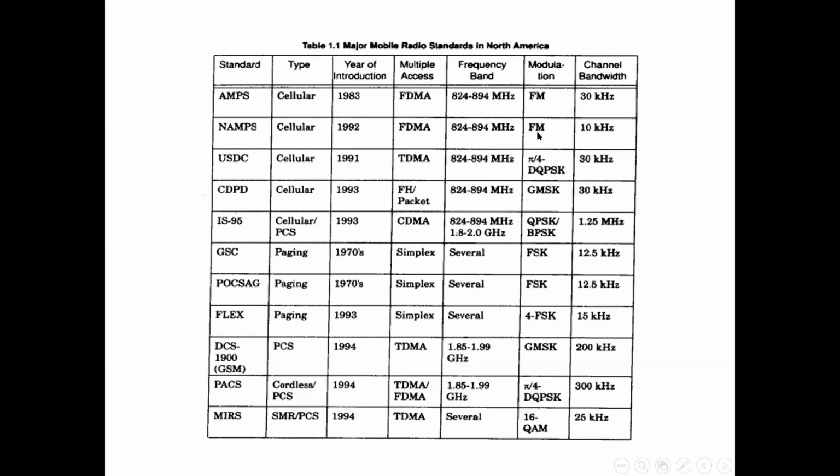The modulation type was FM, but the channel width is reduced to 10 kHz. What does it mean? It means that more channels will be provided, I mean, more users can be served, and we can conclude that the capacity of the system is increased. So this update of the Advanced Mobile Phone System leads to increasing the number of subscribers.